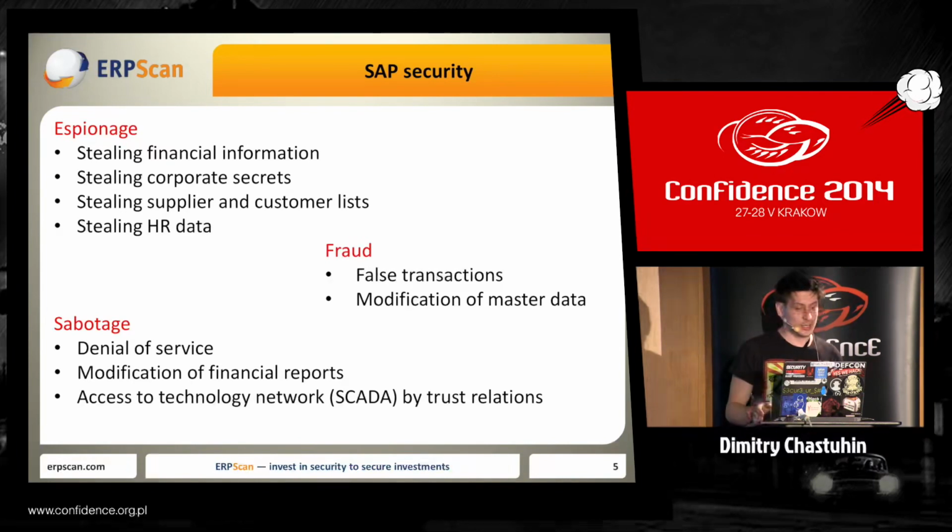And finally, it is sabotage: some kind of denial of service attack, modification of financial reports, and of course, access to the internal corporate network and access to other internal systems like SCADA, using trust relationship.